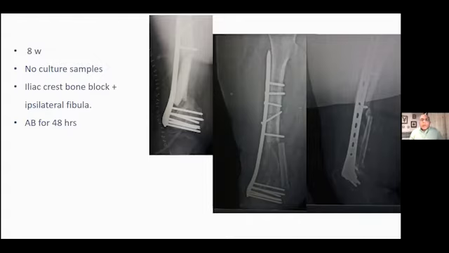Okay. Dr. Mu'taz Fouad. Yes. Dr. Mu'taz, what do you think of the graft choice? We have an iliac crest bone block, and we have a fibula that is outside the membrane. What's your comment on that? I think what we need in such a defect is stabilization and cancellous bone graft.